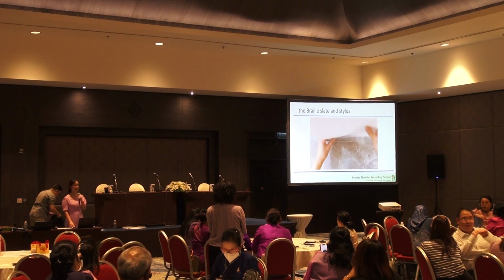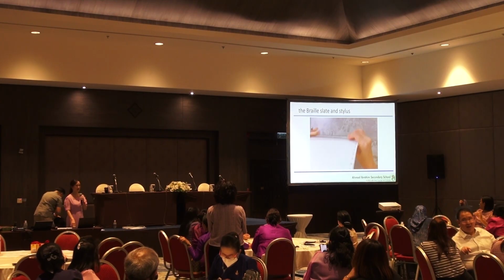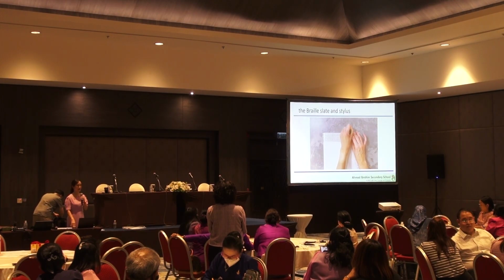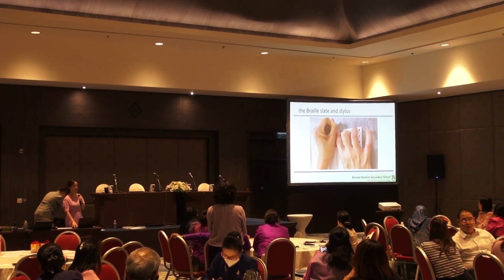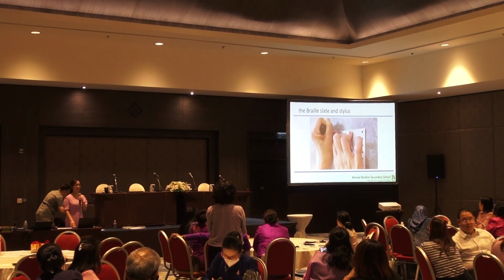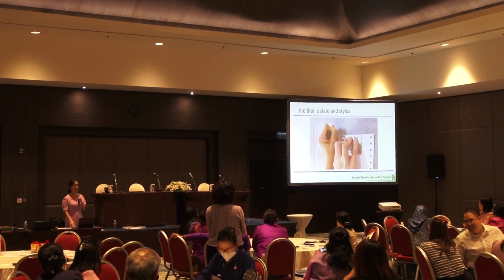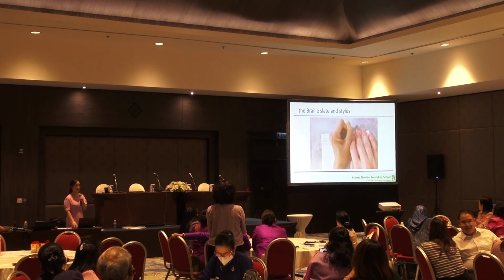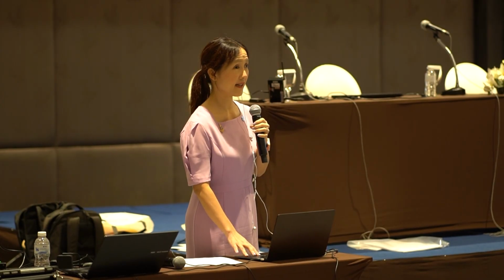So basically you feed the paper onto the slate, and then you use a stylus to poke the dots. It is tedious, poking the dots one by one. But people who use slate and stylus are very, very proficient. They can create their materials very, very fast. Okay. So this is slate and stylus.